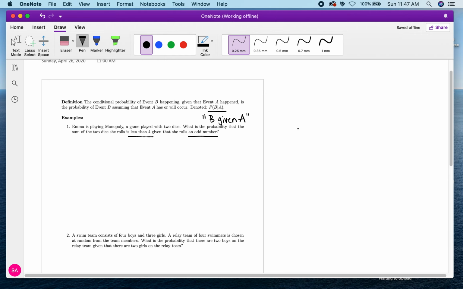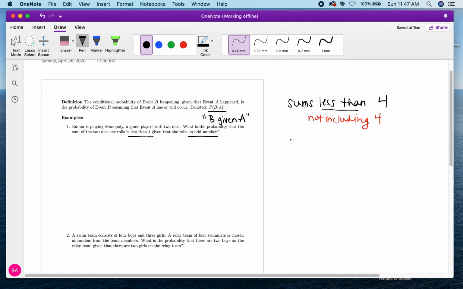So let's think about this. What are the different sums we can roll less than 4? Again, when we say just less than, that means we're not including 4. So it's not less than or equal to, it's strictly less than.